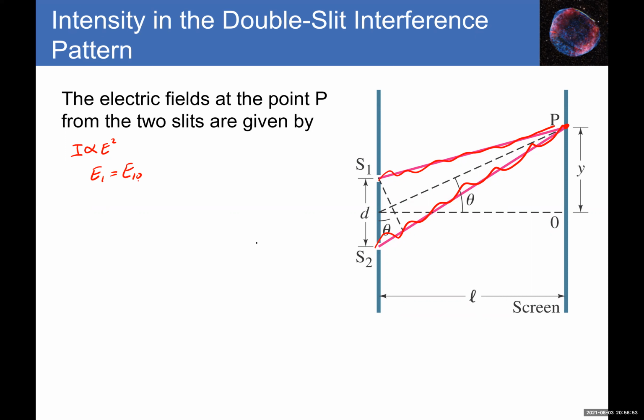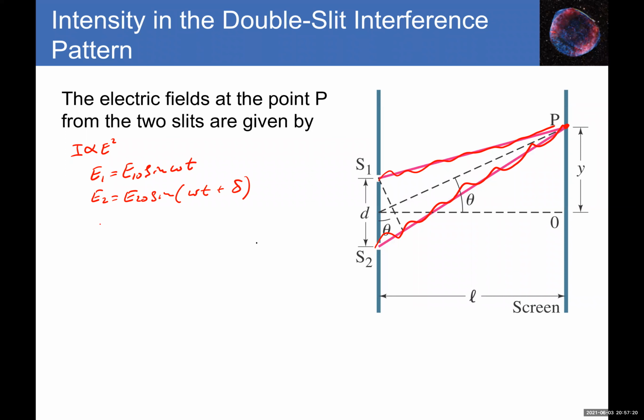E10, where E10 is the amplitude of this electric field 1, times sine of omega t, with omega being the angular frequency. Then E2 is equal to E20 sine of omega t plus delta, where delta here is the path length or phase difference.